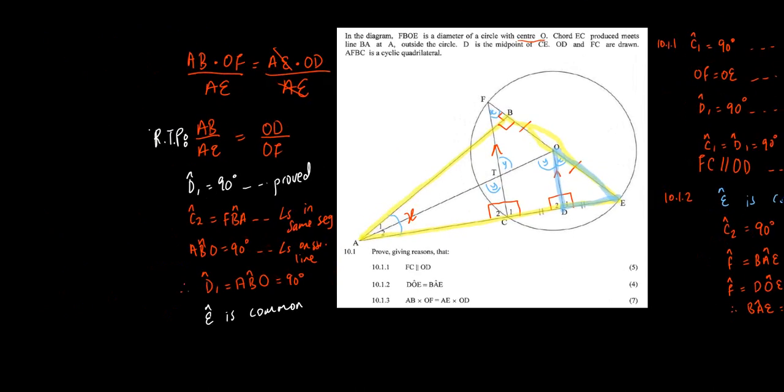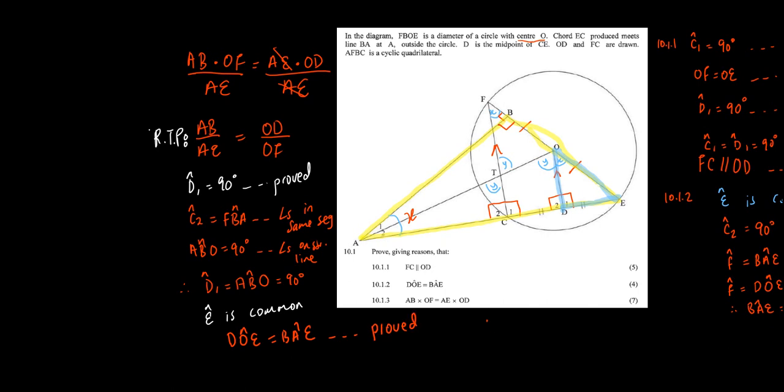Here on 10.1.2. DOE is this one and BAE is this one. You remember? So we can just say DOE is equal to BAE. We can simply say third angle, but we just want to flex and tell them that we proved it long time ago.